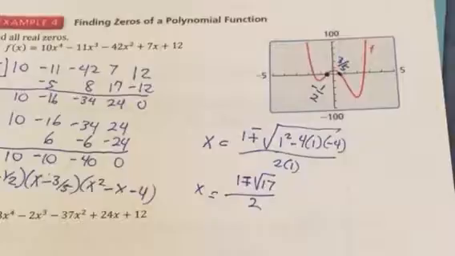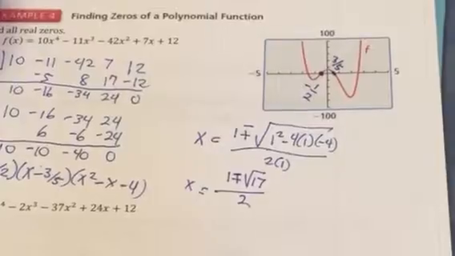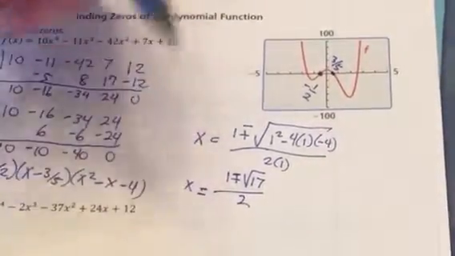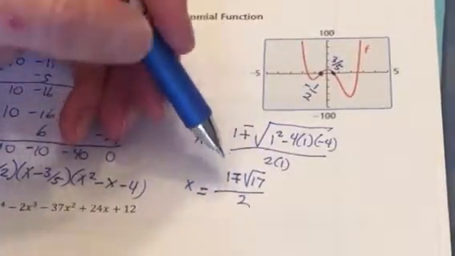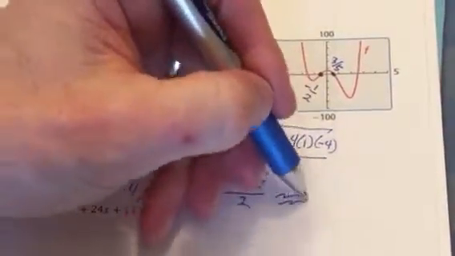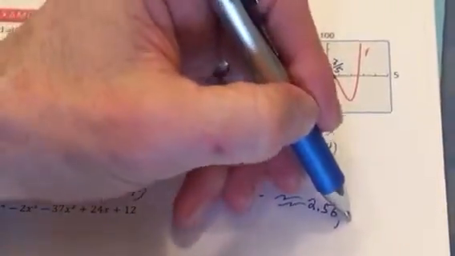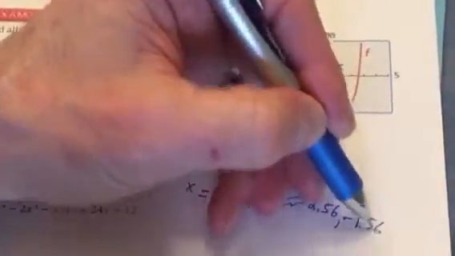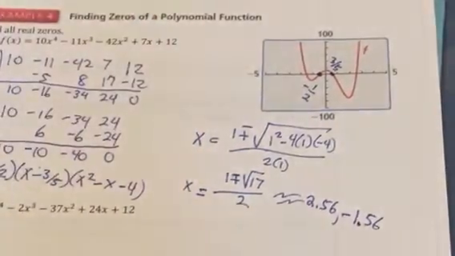Okay, so as it turns out, if you do these two things with the plus and the minus, if you put this in your calculator, then you're going to get approximately either 2.56 if you use plus, or negative 1.56 if you use minus. Okay, so that's just from putting that in the calculator.